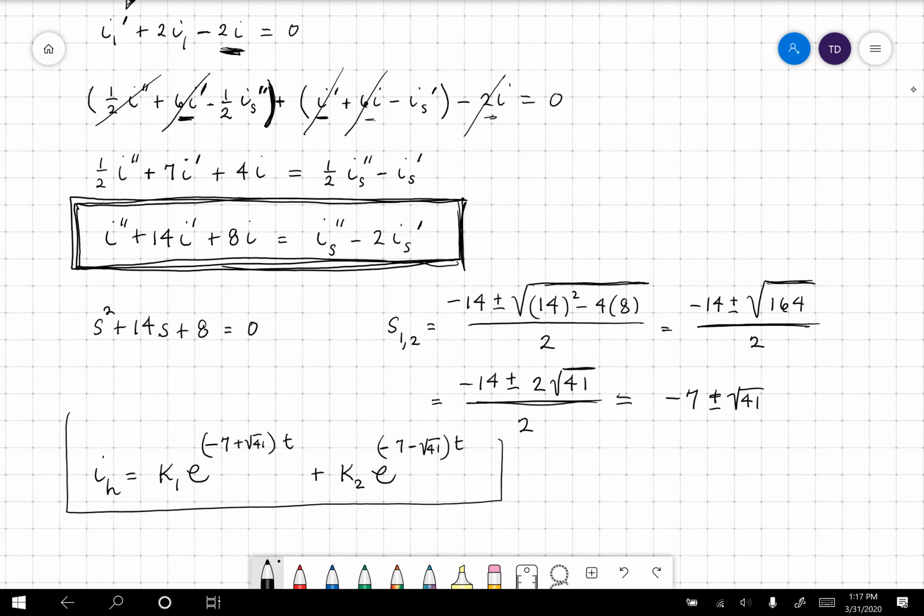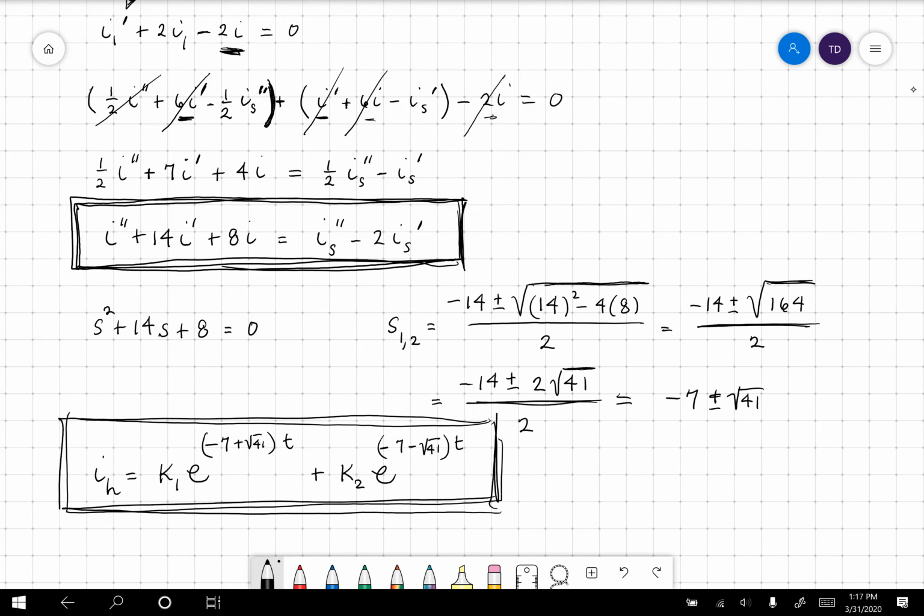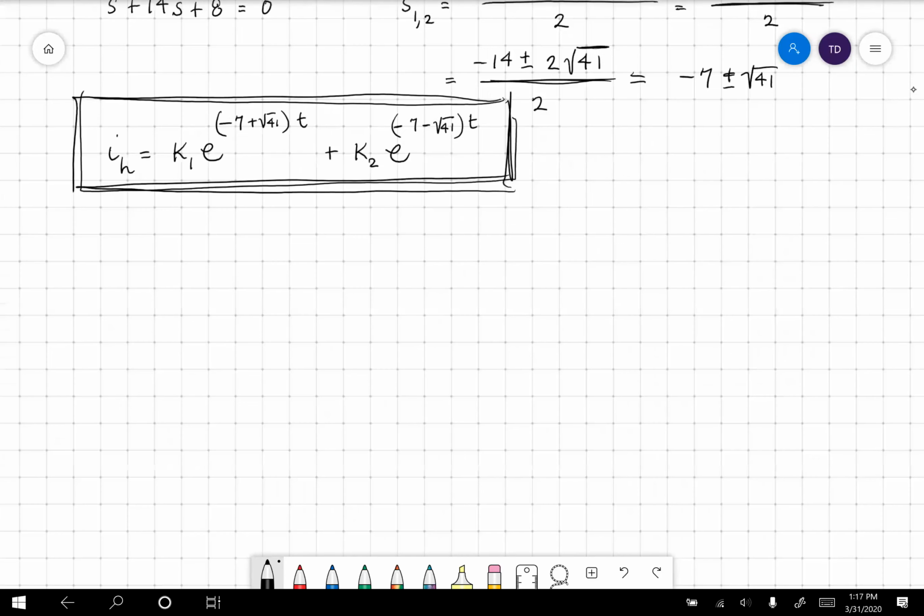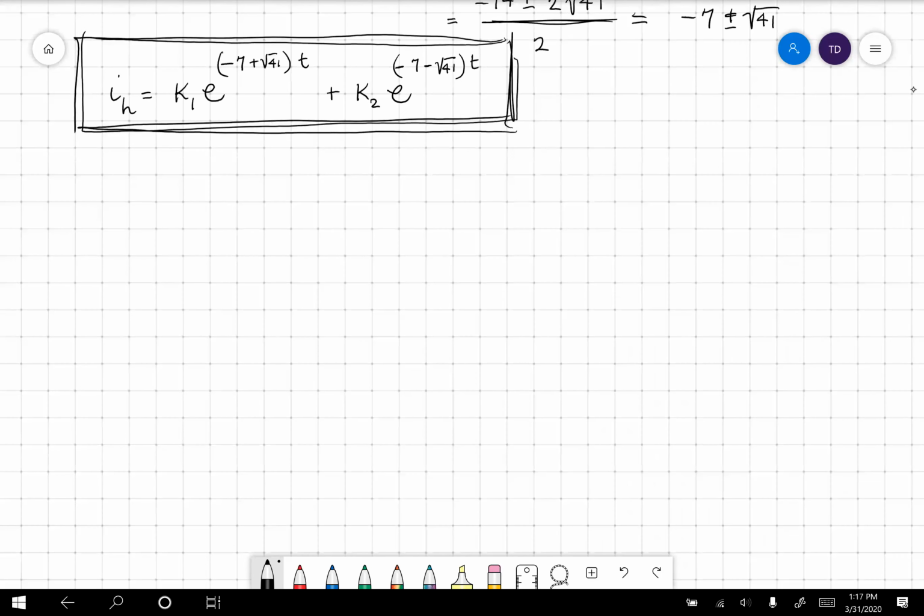That is the form of the homogeneous response. Okay, not too bad at all. You've got 3 of them left to solve. I've given you hints on each of them in terms of how to come up with the solution. I think you'll find that they're a little challenging, but not too bad.